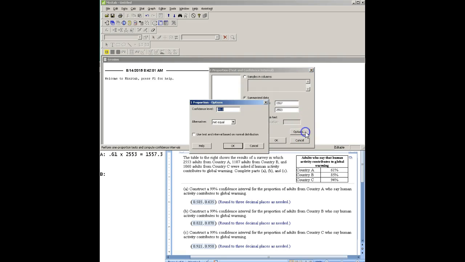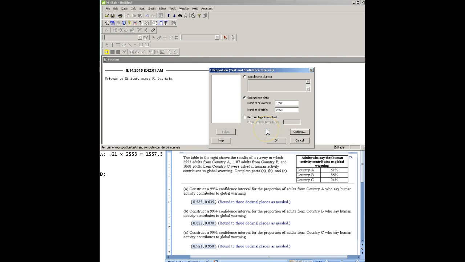And then let's look under options and change our confidence level to the desired level, which is 99%. Click OK. Now, let me just show you something really quick here. Let's say I wasn't sure whether number of events was 2,553 or 1,557, and let me just reverse these for a second.